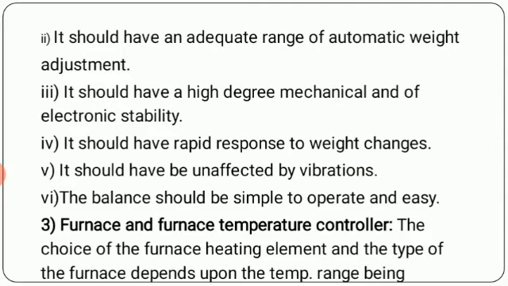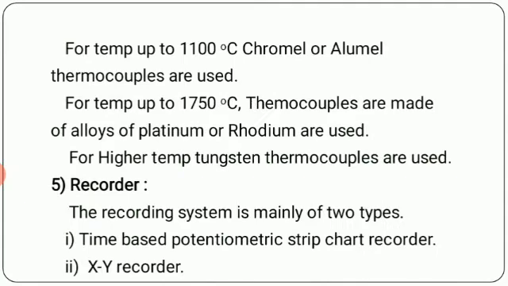Next, the temperature sensor, that is the thermocouple. The most common method for measurement of temperature is the use of a thermocouple. For temperatures up to 1100 degrees Celsius, chromel and alumel thermocouples are used.